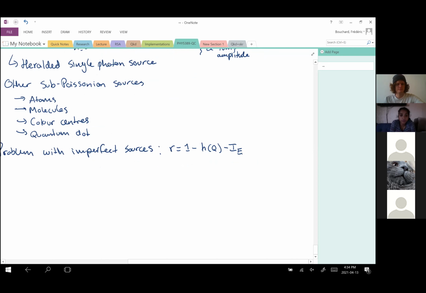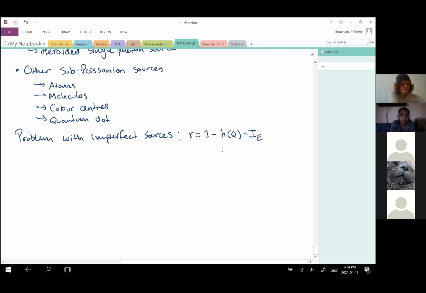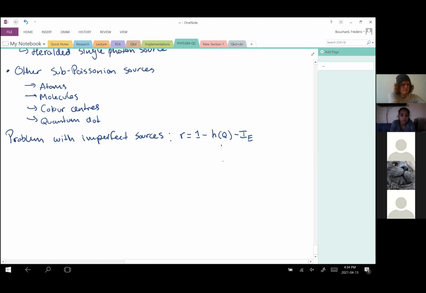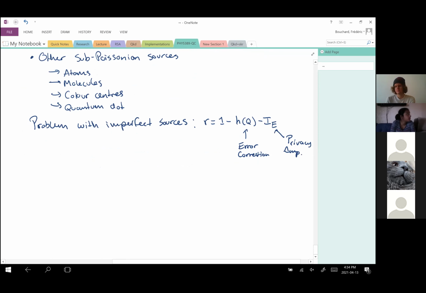We're talking about the secret key rate for now. So again, this is error correction. I'm just writing IE, but that's the mutual information between Alice and Bob. Error correction, privacy amplification. Okay, so there's 3 cases.